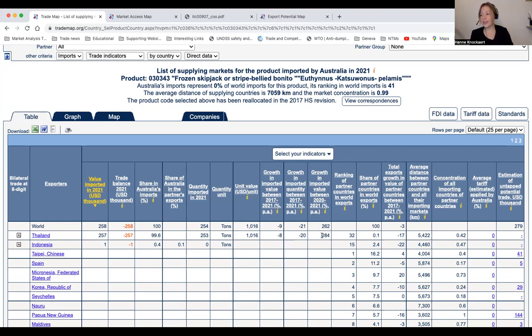And I think there is more research needed to understand what happened. Is this maybe because of COVID-19? Maybe the imports of this fish declined so much that the overall view of the last 5 years went down at -9%. But now between 2020 and 2021, this is recovering and growing at 262% on average from the world.